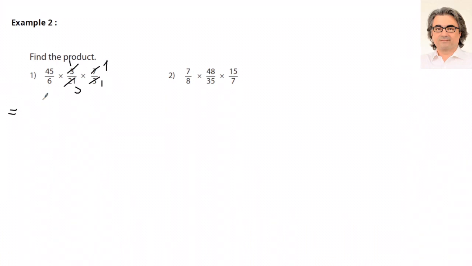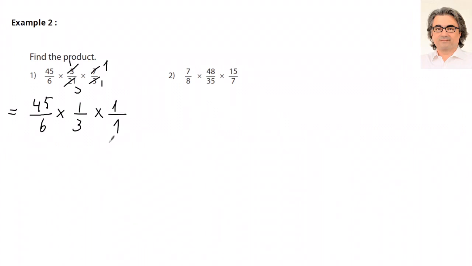What about the 45 and 6? 45 over 6 times 1 over 3. I'm writing the remaining numbers, 1 and 3. 1 over 1. Sorry, it's not plus. And 1 over 1. Right here again, 1 over 1 is meaningless in multiplication.